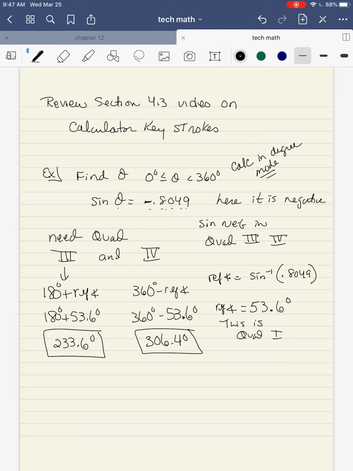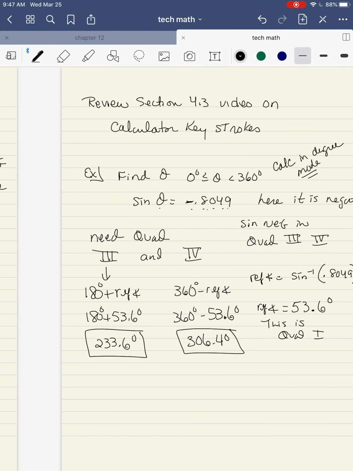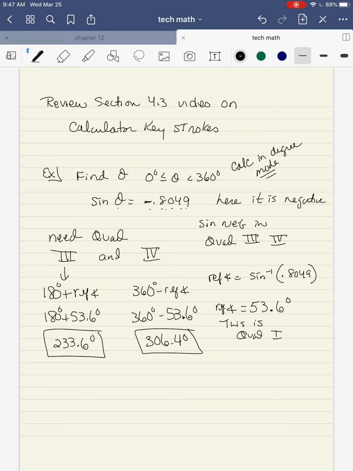To get an angle in quadrant 3, the positive angle is going to be 180 plus the reference angle. For quadrant 4, the positive angle is 360 minus the reference angle. So 180 plus 53.6 is 233.6, and 360 minus 53.6 is 306.4. So those are my two answers for this.